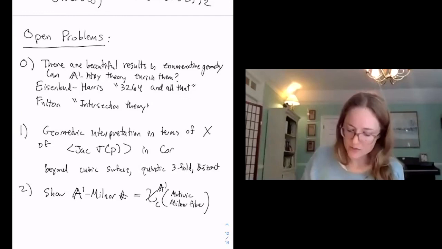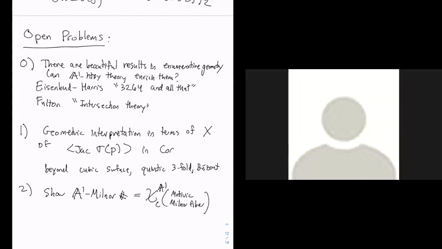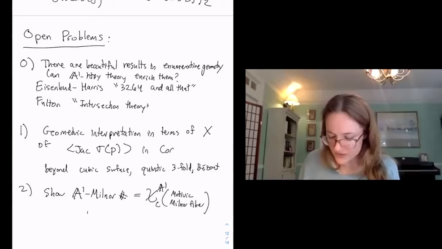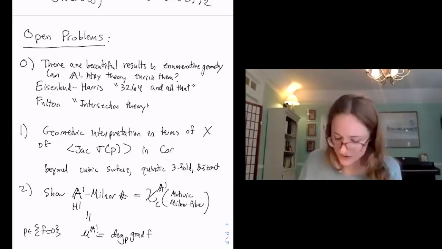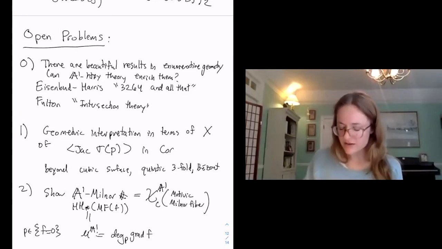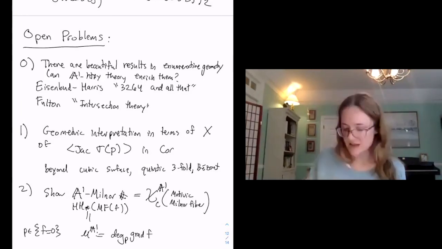Yeah. I think maybe a better way to start is with what the A1 Milnor number is. If you have a point P of f equals 0, the A1 Milnor number, if P is a singularity, can be defined to be the local degree at P of the gradient of f. But this is also the Hochschild homology of the matrix factorizations for f.